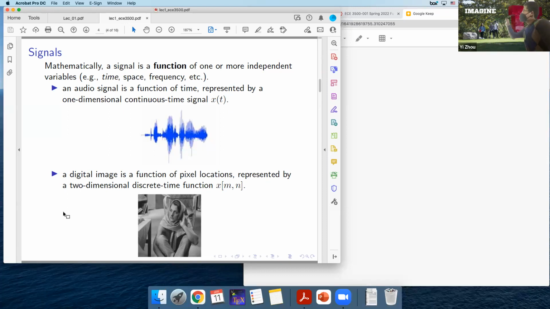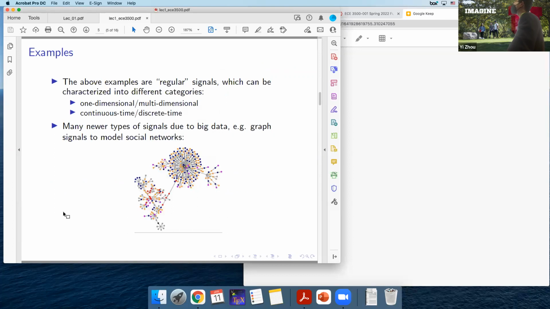These two are very standard forms of signals. We have seen this type of signals, for example, in MATLAB. Many times we have seen these pictures made, and we know how to describe them, even without taking this course. But there are other types of signals that are very special.